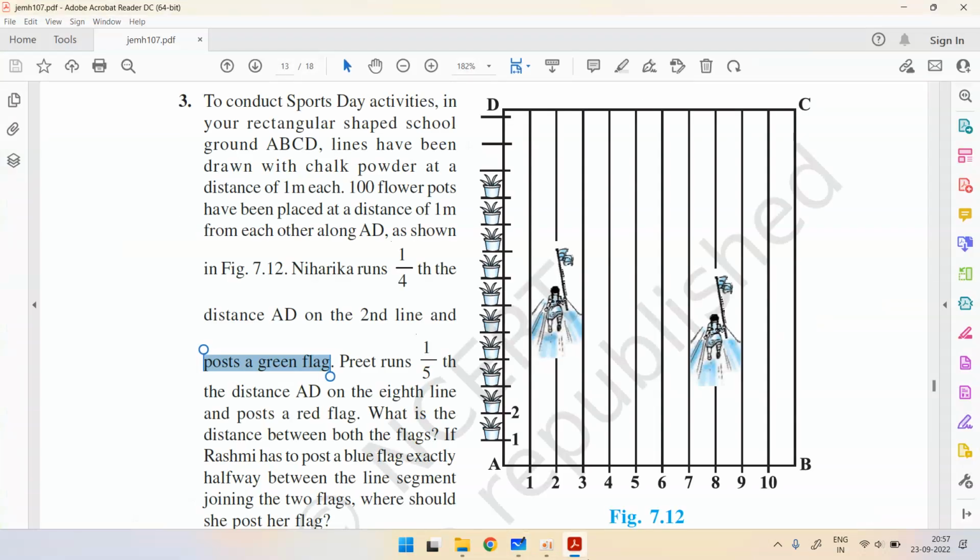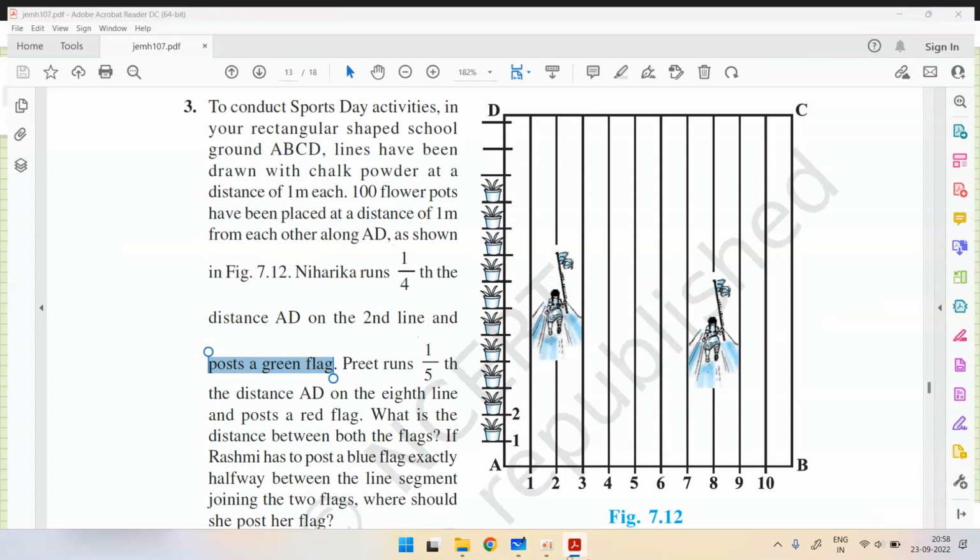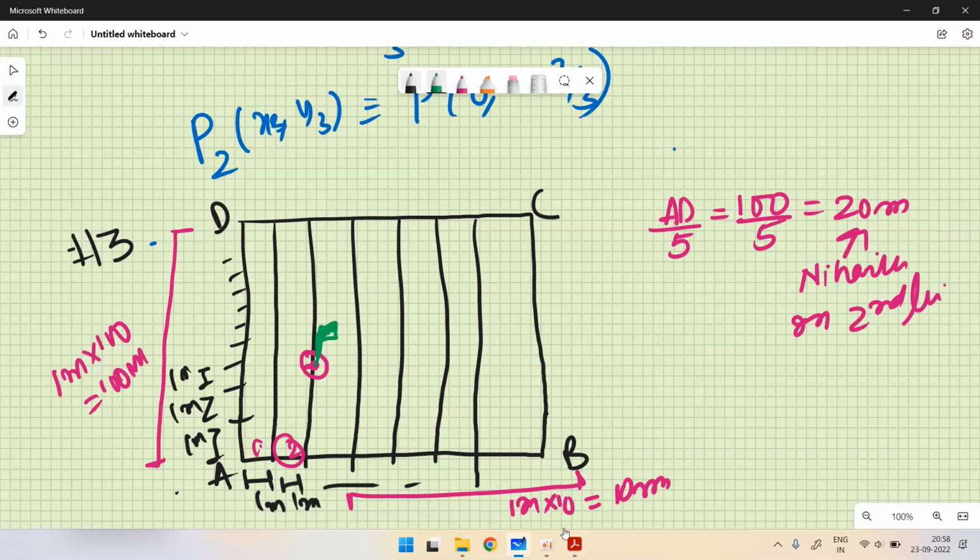Now next is Preet. Sorry, Niharika has run 1/4. This is 100 by 4, which is 25 meters, on the second line.